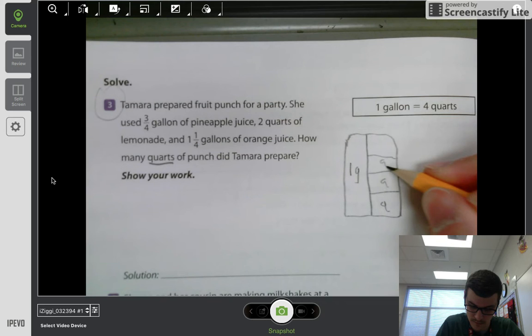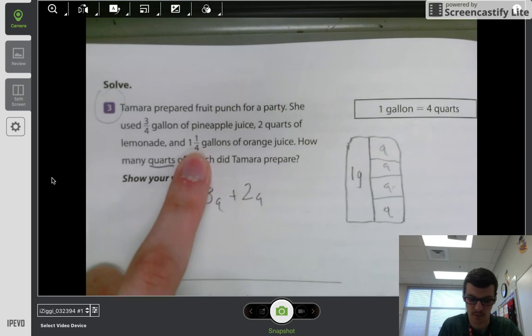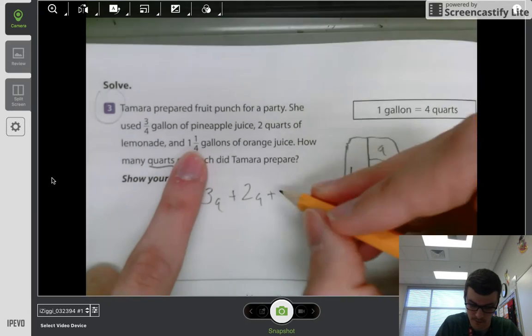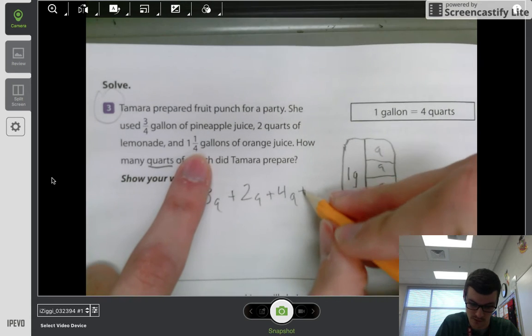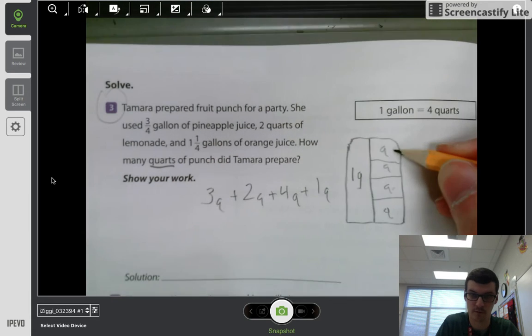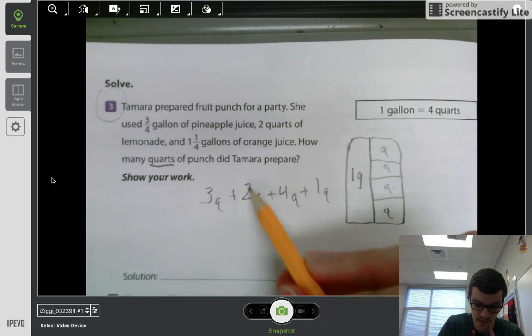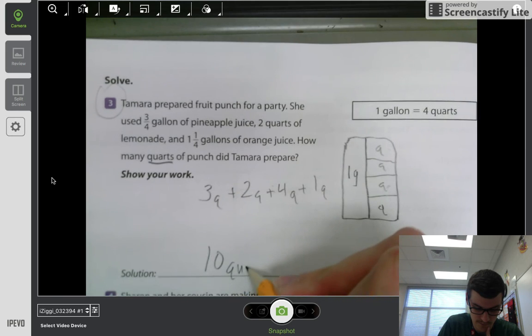So 3/4 gallon would be 3 quarts plus 2 quarts, and 1 1/4 gallons. So 1 whole one's going to be 4 quarts, and then 1/4 is just going to be 1 quart because that's 1/4 of a gallon. That's going to be 3, 4, 5, 6, 7, 8, 9, 10 quarts.